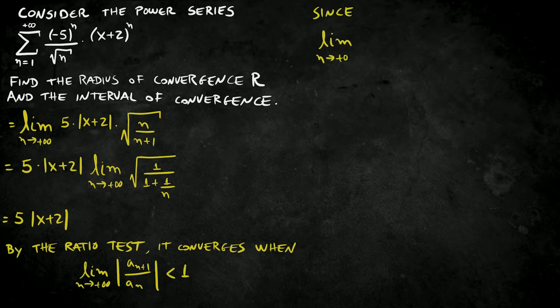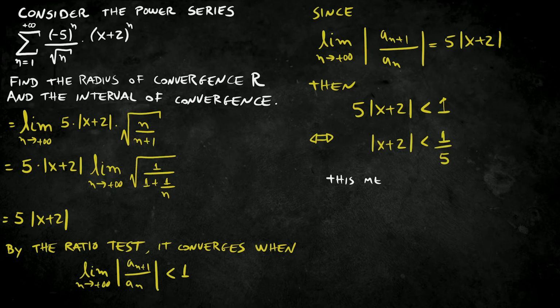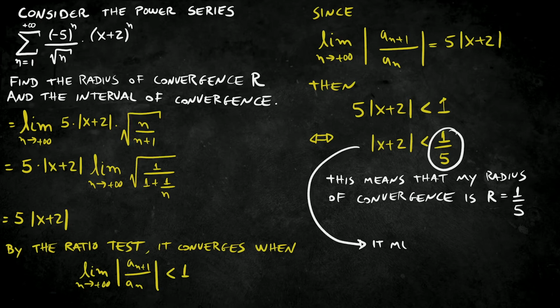Since the limit is equal to 5 times the absolute value of x + 2, then 5 times the absolute value of x + 2 should be less than 1 to make my series convergent. And it means the absolute value of x + 2 is going to be less than 1/5. This means my radius of convergence is R equals 1/5.